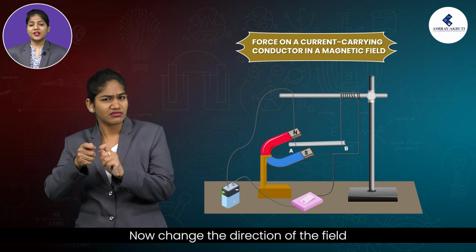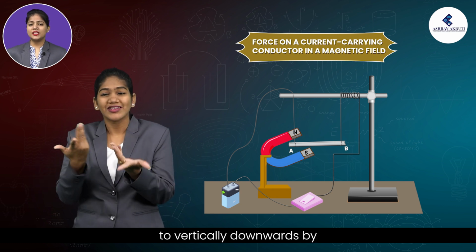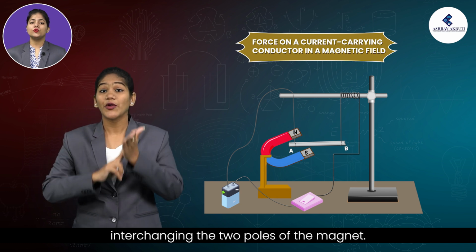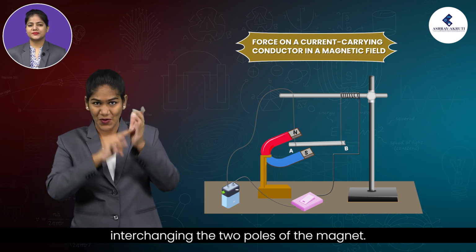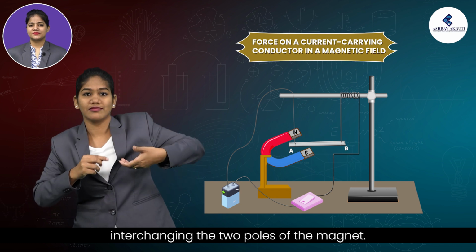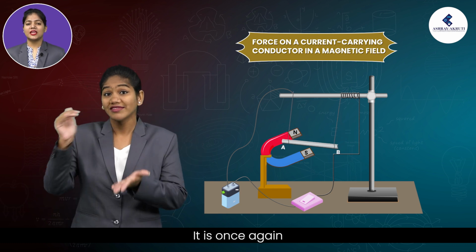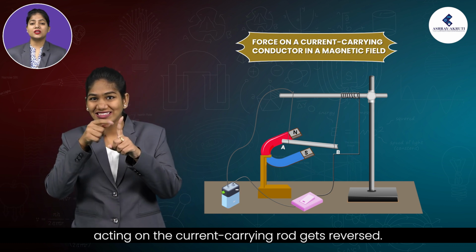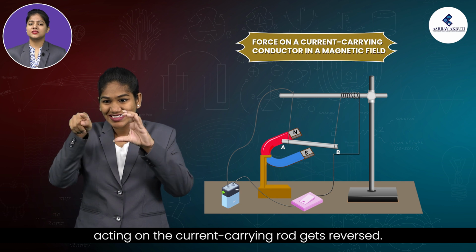Now change the direction of the field to vertically downwards by interchanging the two poles of the magnet. It is once again observed that the direction of the force acting on the current carrying rod gets reversed.